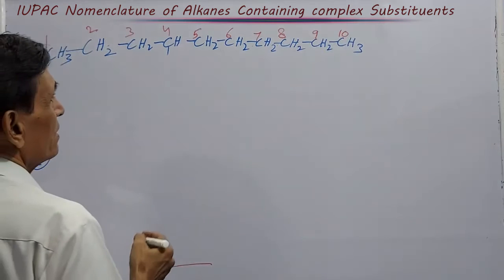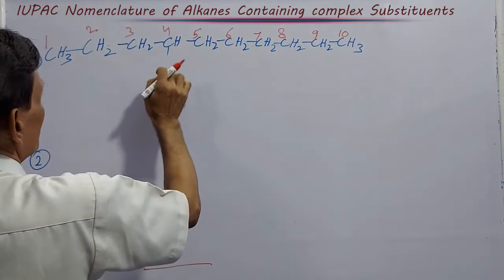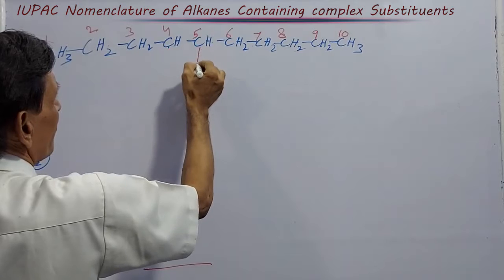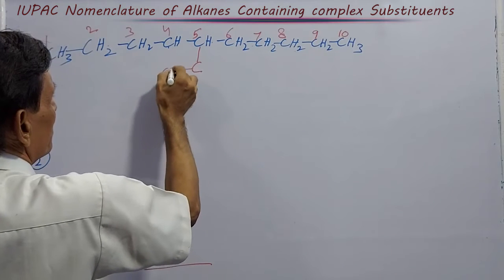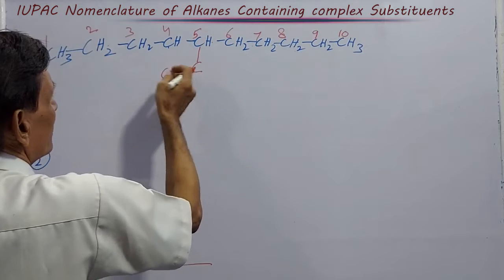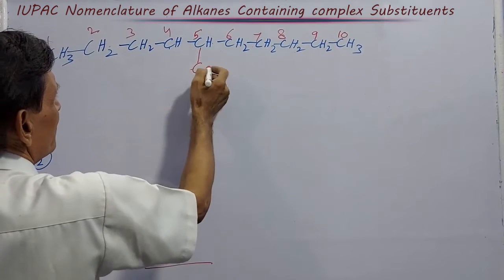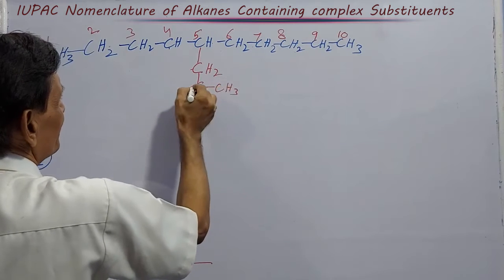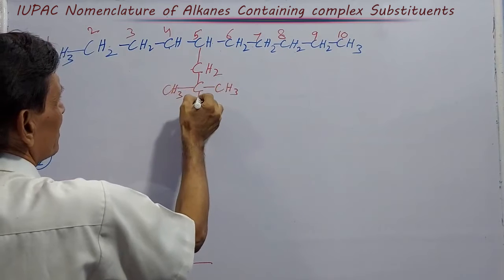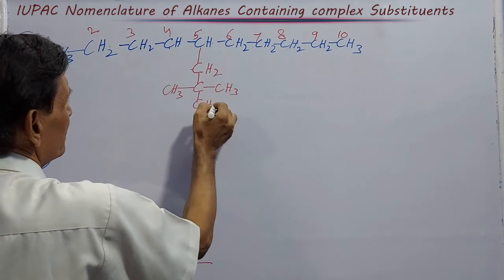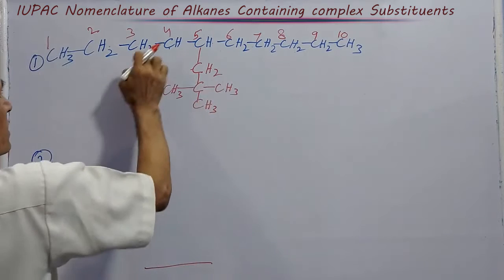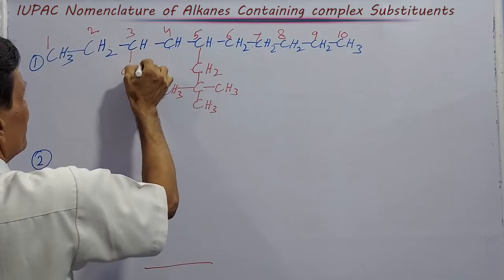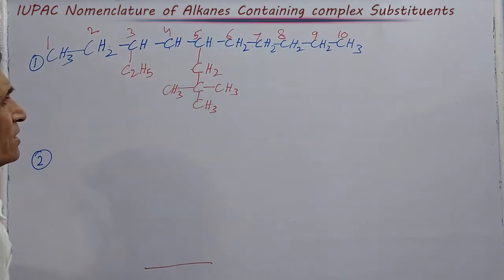Then we can write it this way: CH3, or let us change this time, CH2, C CH3. On the second carbon there is a branch in the side chain, and one more side chain I am writing here, C2H5.